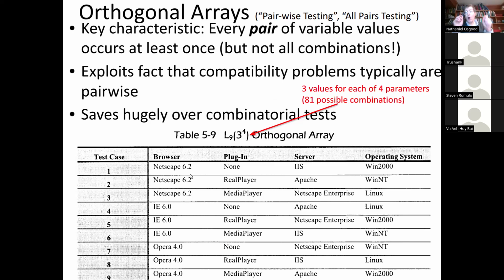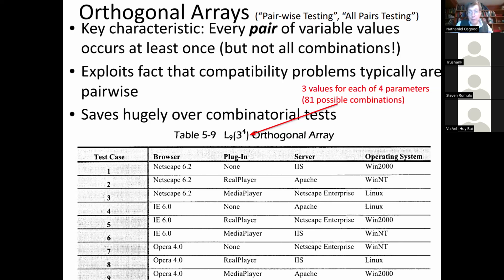I've tested all possible pairwise combinations. That's browser with plugin, browser with server, browser with operating system, plugin with server, plugin with operating system, server with operating system. I've tested all pairwise combinations.